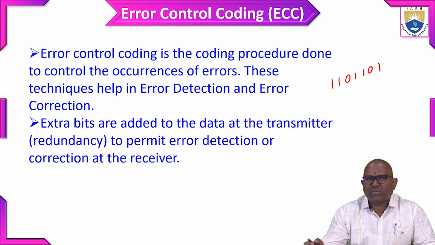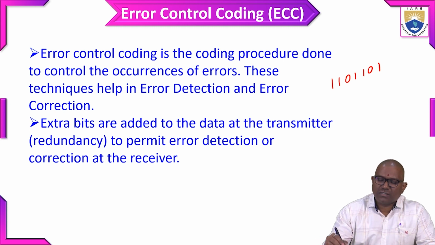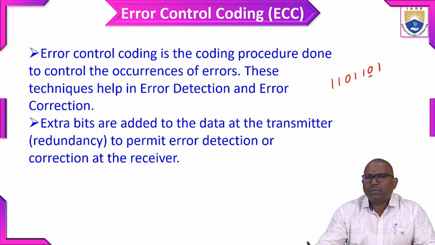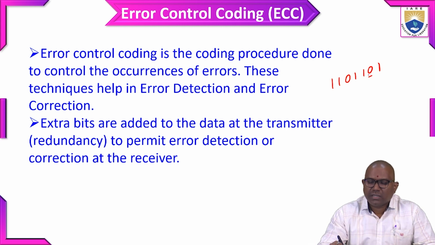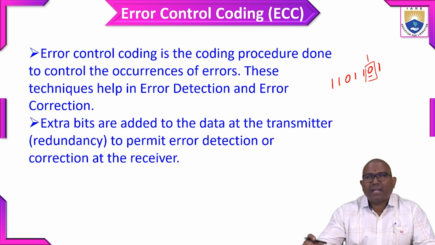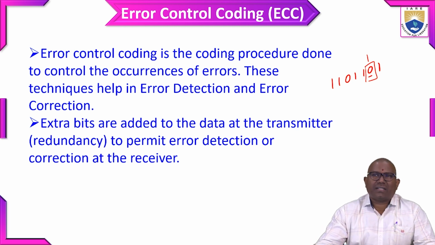In this binary sequence, first you detect at what position the error occurs. For example, you can treat it as this place. In this position the error has occurred, meaning here it should be 1, but it has 0. That is error detection, and after that we correct the error, which is error correction.